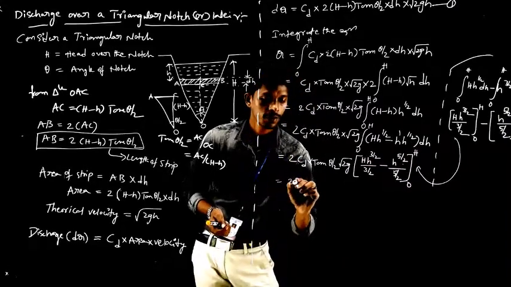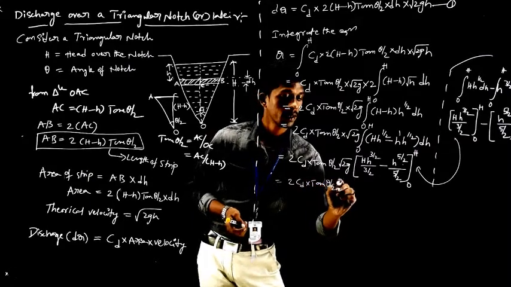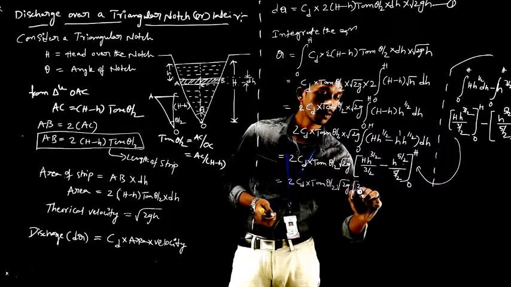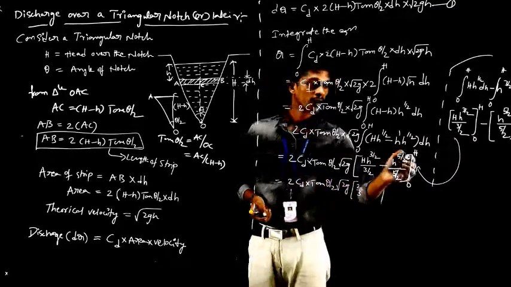Right. The next term, so 2 times of CD tan theta by 2 root 2g multiplied by 2 by 3. Here you can see apply the limit inside.